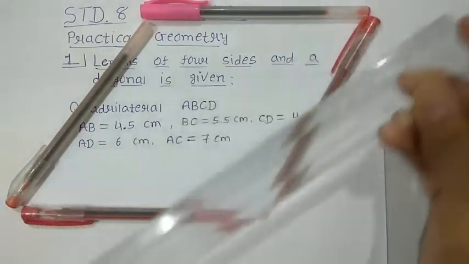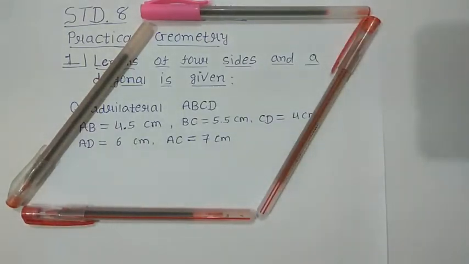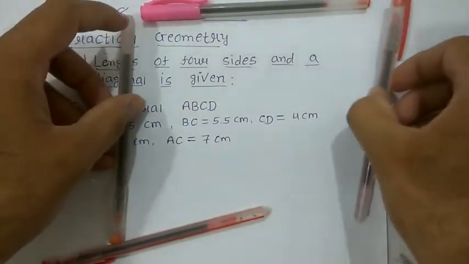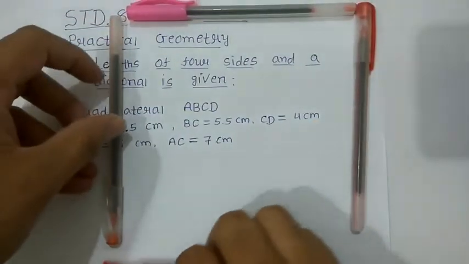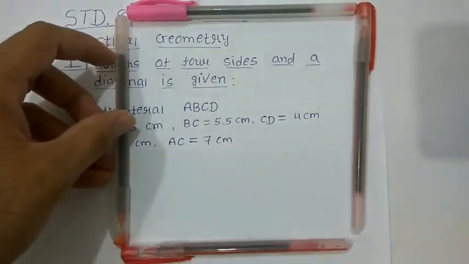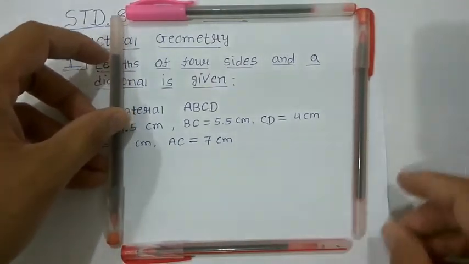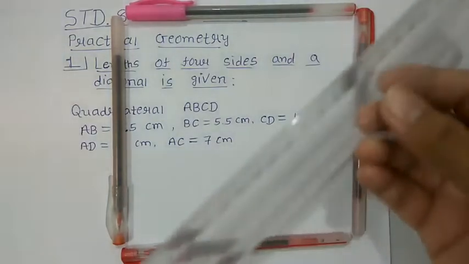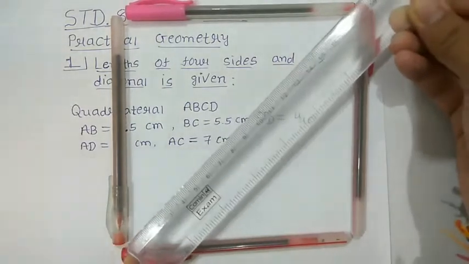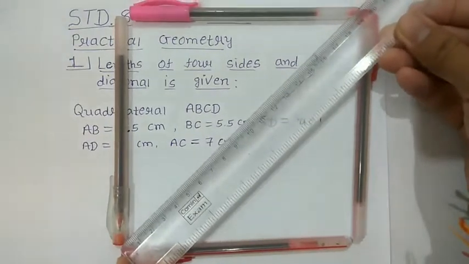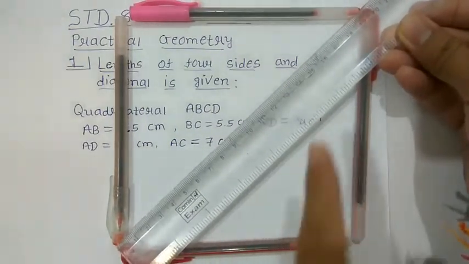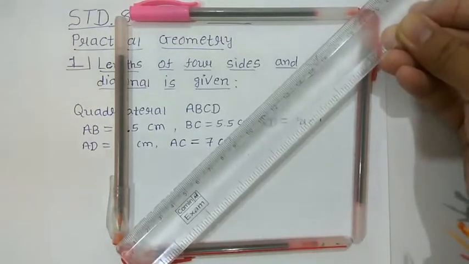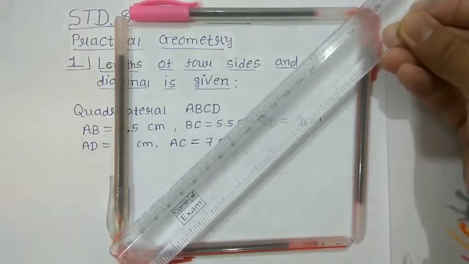Now what will happen if this is a square? If we measure the diagonal now, what length do we get here? You can see that 18 to 19 centimeters is the diagonal. And what measure do we get in the rhombus?